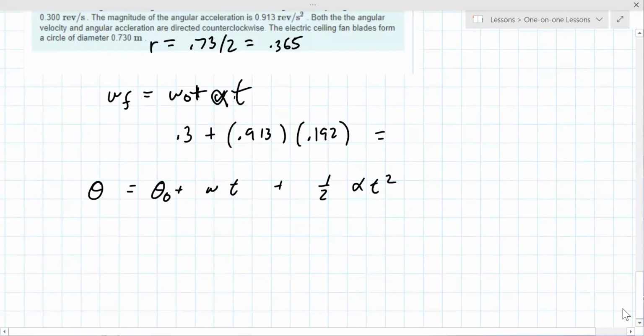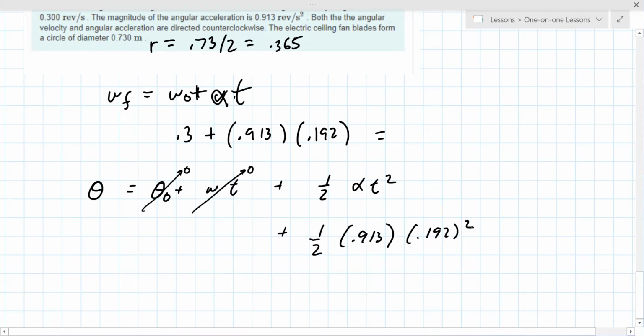In your case, it wasn't rotating, so that's 0, and that's 0, at least according to the thing I'm reading. So your alpha is 0.913, and your t is the same t we used in the previous problem, 0.192 squared.